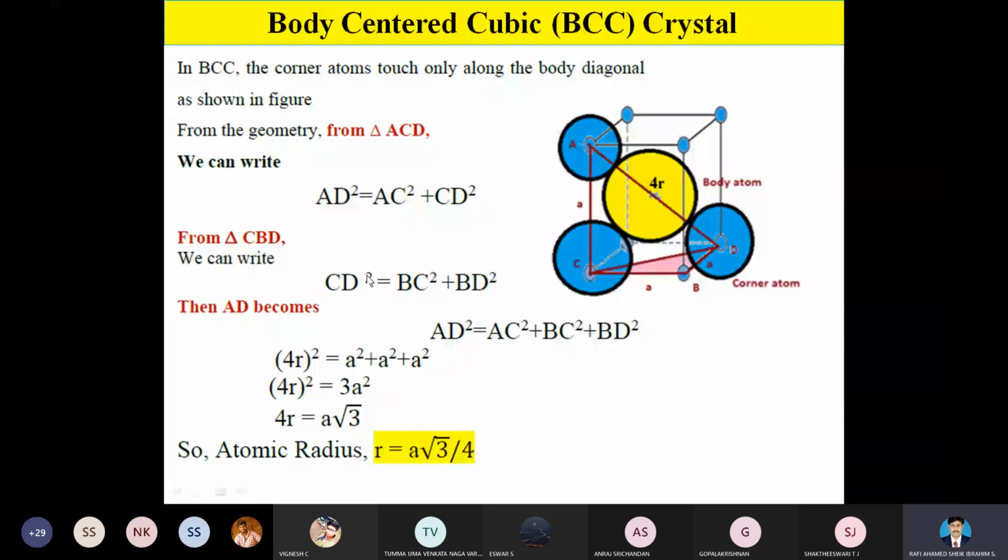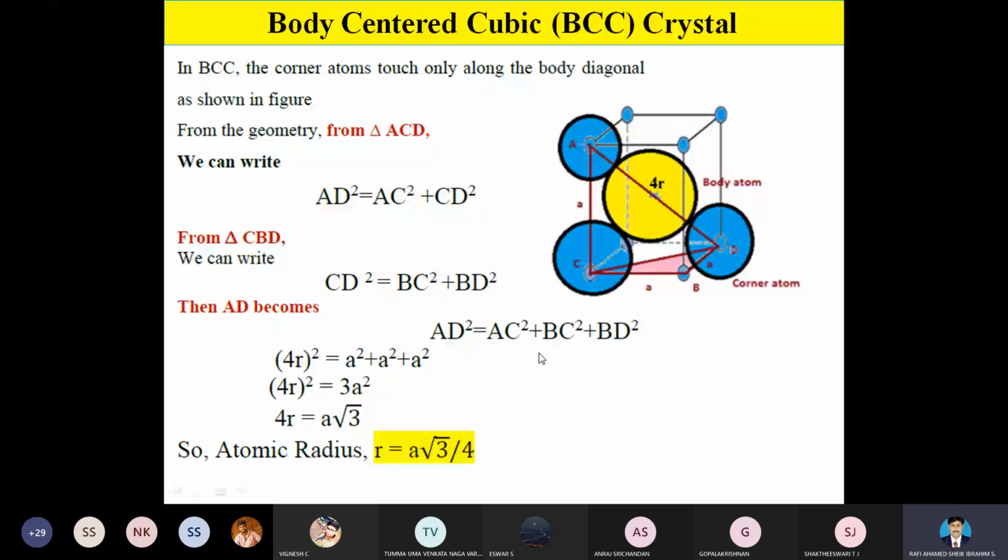BC the whole square is A square, and BD the whole square is another A square. So totally we write: AD the whole square is equal to AC the whole square plus, instead of CD, BC the whole square plus BD the whole square.